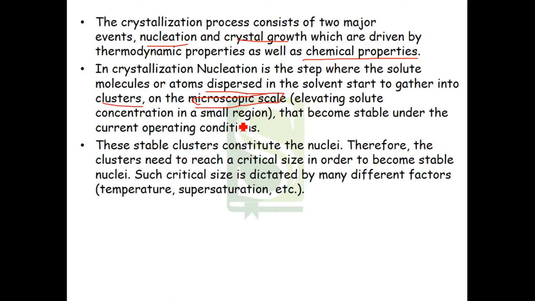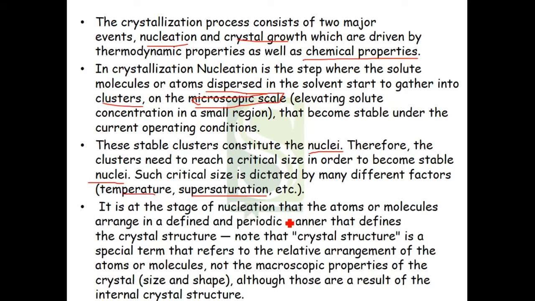Okay, so after some time it becomes stable under the current operating condition. So these stable clusters constitute the nuclei. Therefore the clusters need to reach a critical size in order to become stable nuclei. Such critical size is dictated by many different factors which we have discussed, like temperature, supersaturation, means concentration of the solute in the solvent.